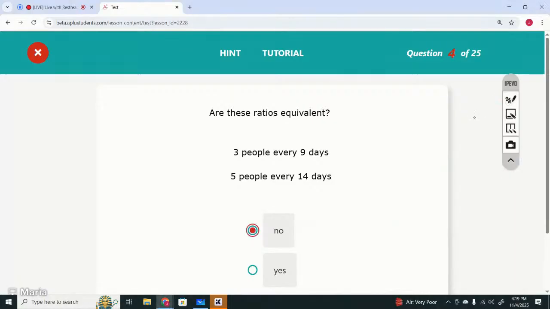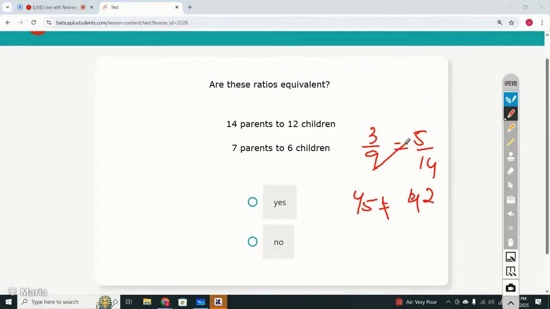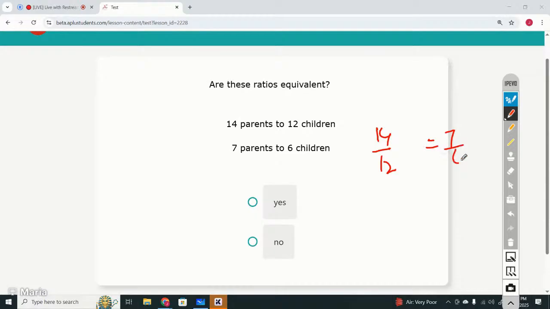The correct option is no, they are not equivalent. Are these ratios equivalent? 14 to 12 children and 7 to 6 children. So that is 14 to 12 and 7 to 6.